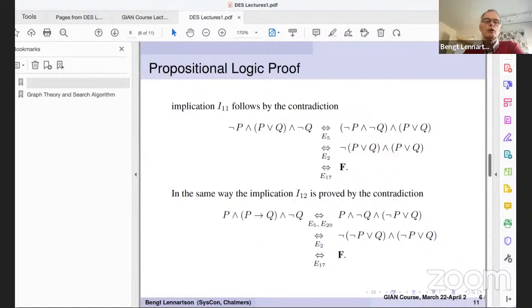So first, say A implies B, then that is the same as A and not B. And in this case, A was not P and P or Q, and not the second, which was Q. This should generate a contradiction. Let's see.